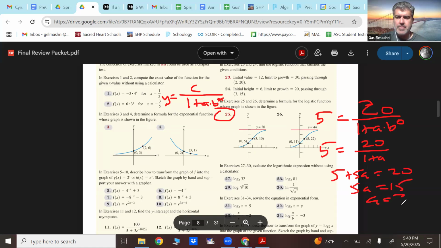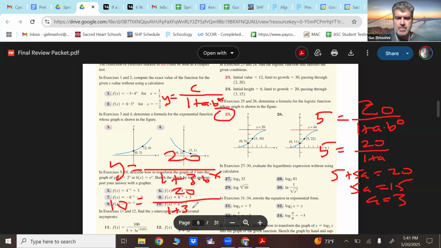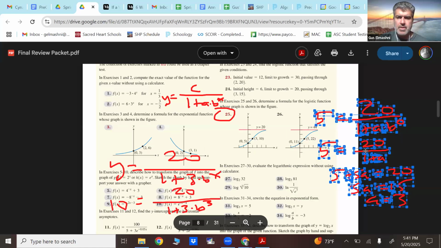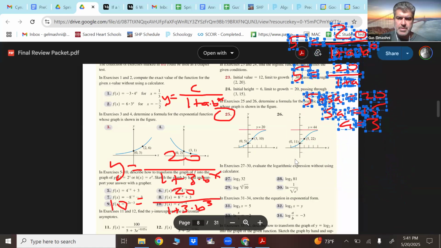So a is 3. So you have 20 over 1 plus 3 times b to the x. Then I can plug in 10 for y and 3 for x. And my job is to solve for b.